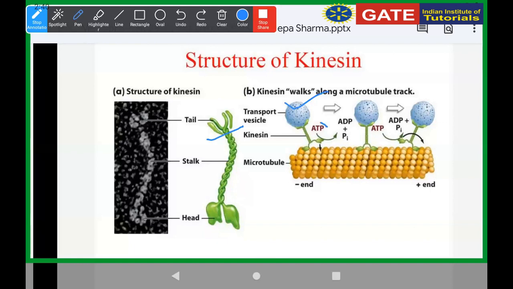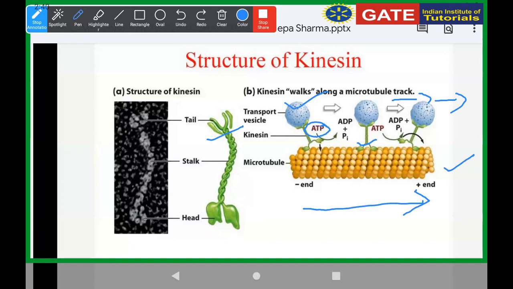Here ATP undergoes hydrolysis to give energy for the motor protein. Now kinesin is activated and transports the vesicle in this direction. Kinesin always moves from minus to plus end of the microtubule. Understood everyone? Yes, ma'am.